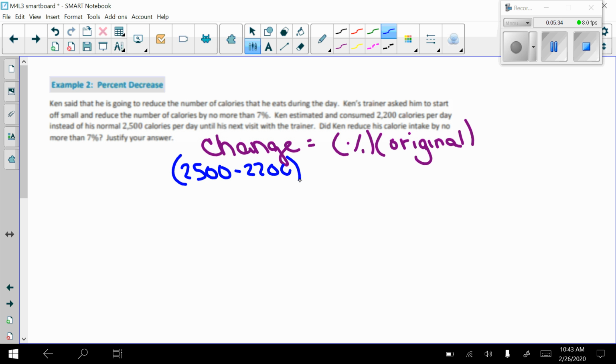So that's a 300 calorie change. And that equals, we don't know the percent, and the original. Which one is the original? It's 2,500, his normal. Not the new, but the original.